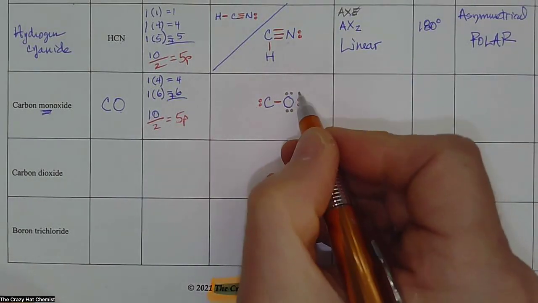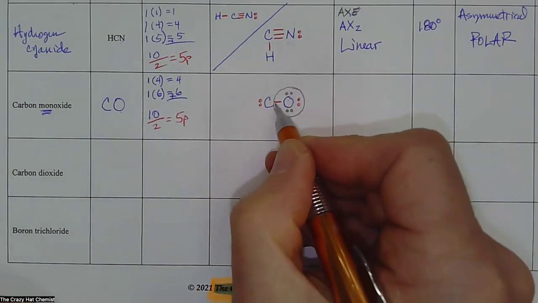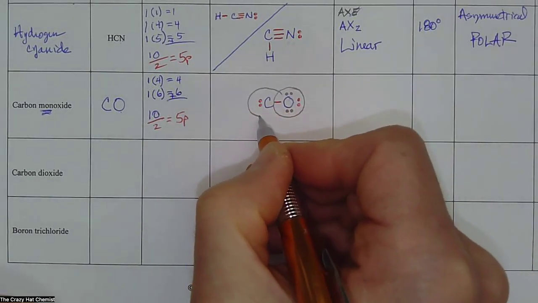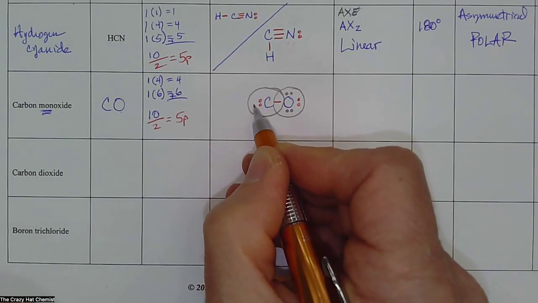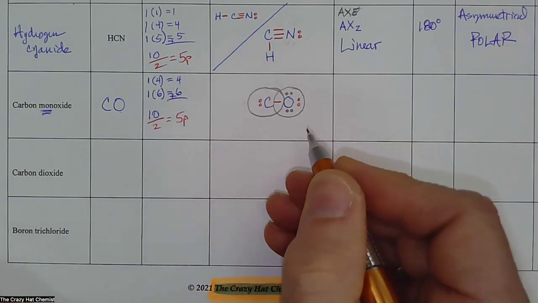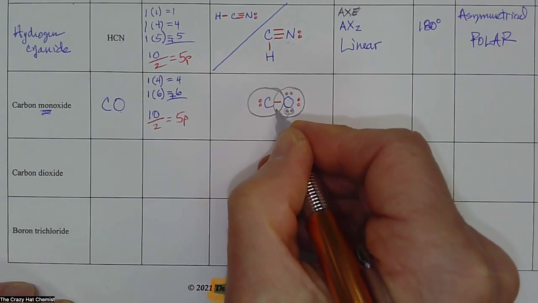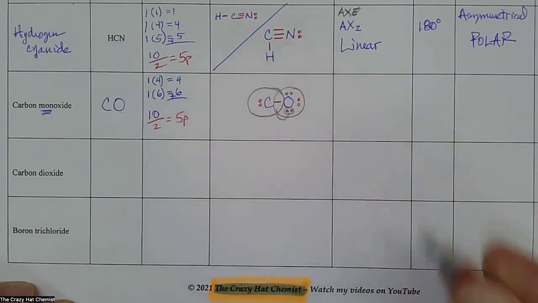All right. So I am going to circle this oxygen to verify the octet rule. That's 2, 4, 6, 8. That's an octet. I'm going to circle this carbon to verify the octet rule. That's 2, 4. Oops. That is not an octet. So sharing is caring. So I'm going to move this pair of electrons in and keep it with the oxygen because I don't want to remove them, but bring them into the carbon.